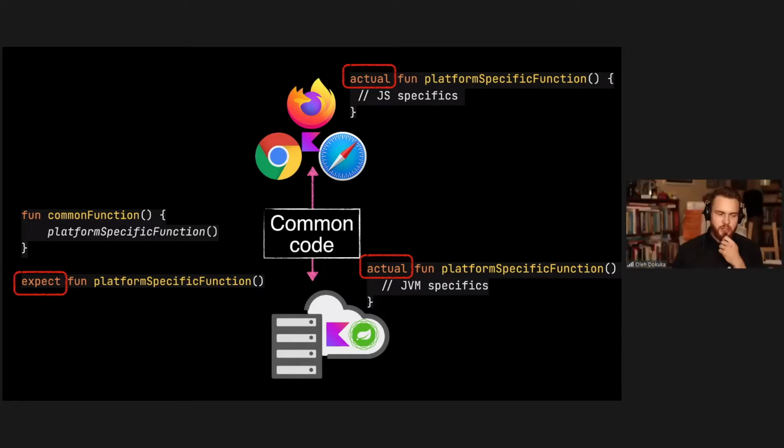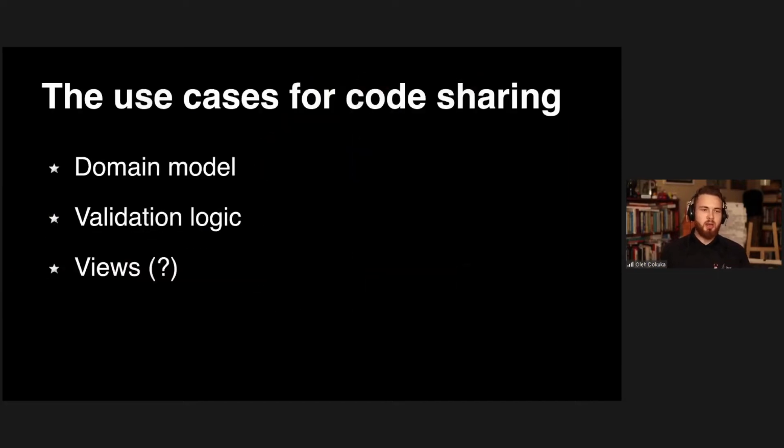Yeah, indeed. So we just mentioned that, okay, we can share some domain logic, some validation logic, maybe possibly some view logic if you want to implement something very specific. I can imagine that something very specific for platforms can be UUID generation. For example, in Java we have a built-in mechanism for UUID generation.